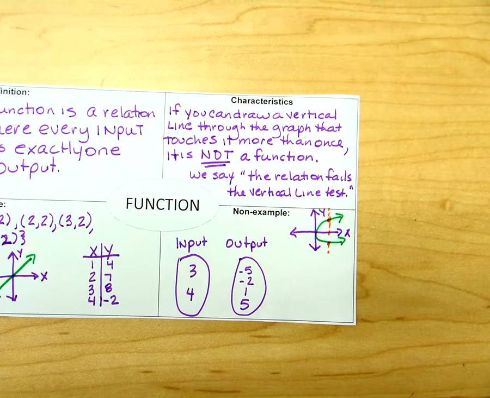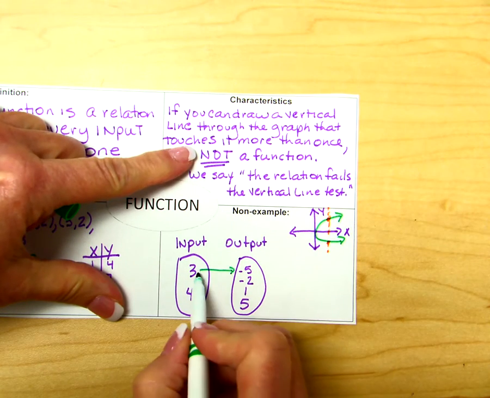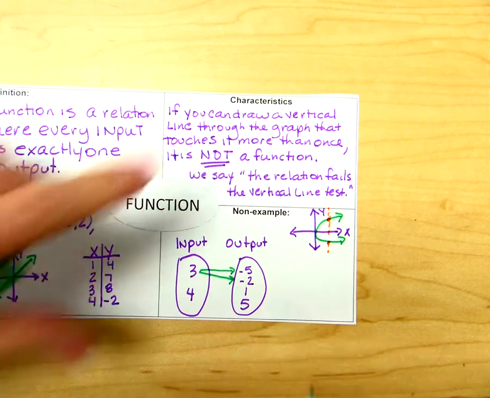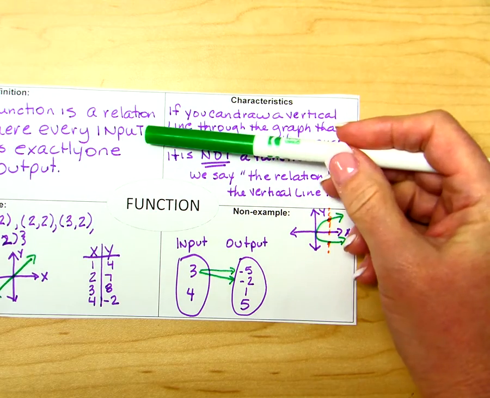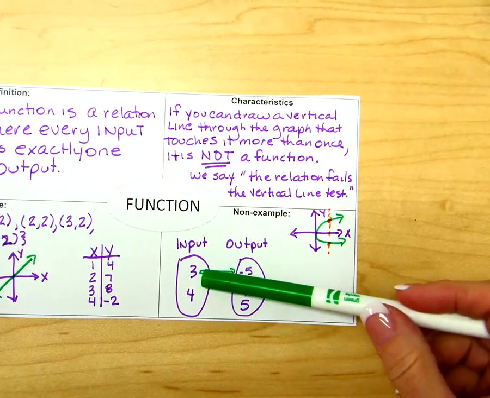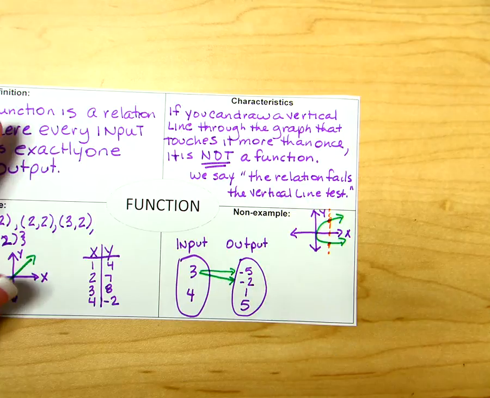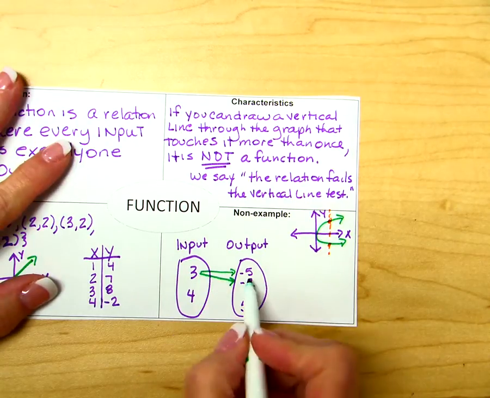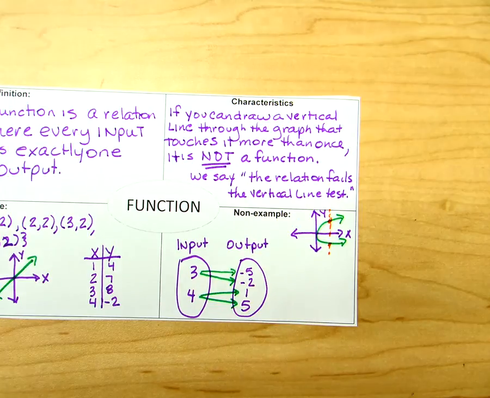And if 3 is mapped to -5, and it's also mapped to -2, then we have a fail as far as the definition goes, because every input can only have one output, and this input has 2 outputs. Same thing if we mapped the 4 to both the 1 and the 5.